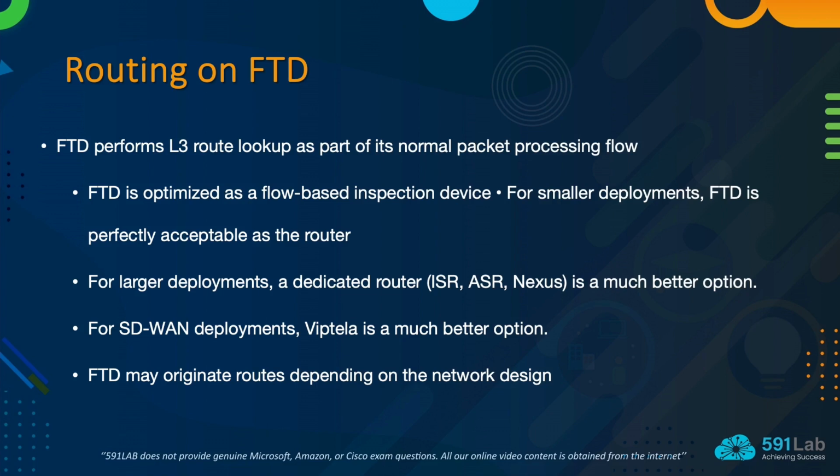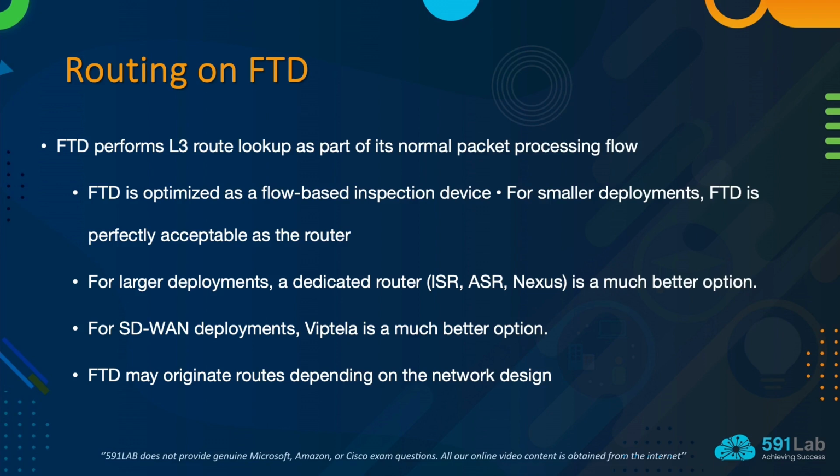Firepower Threat Defense is optimized as a flow-based inspection device. This means that Firepower Threat Defense is good at inspecting traffic for security threats, but it may not be the best choice for routing large amounts of traffic.